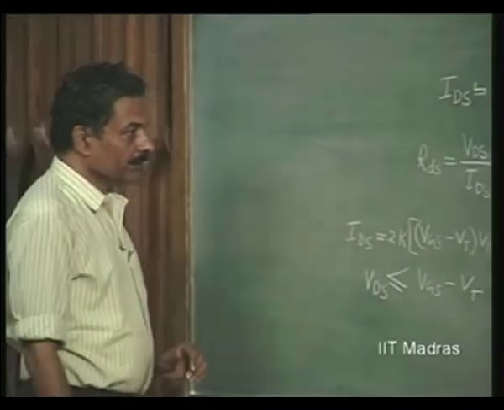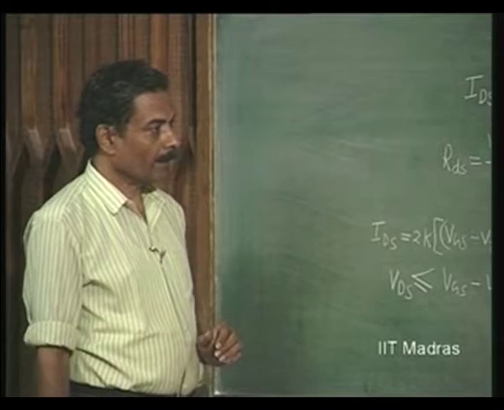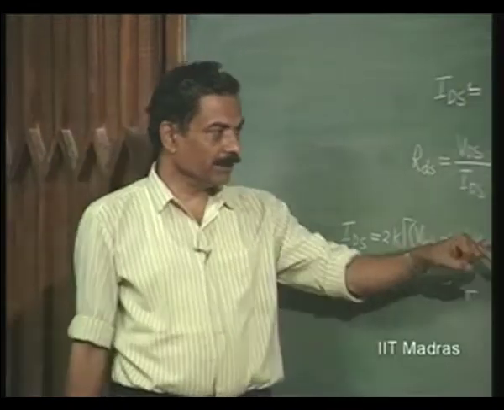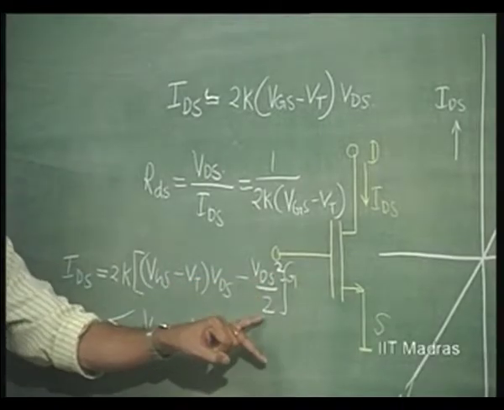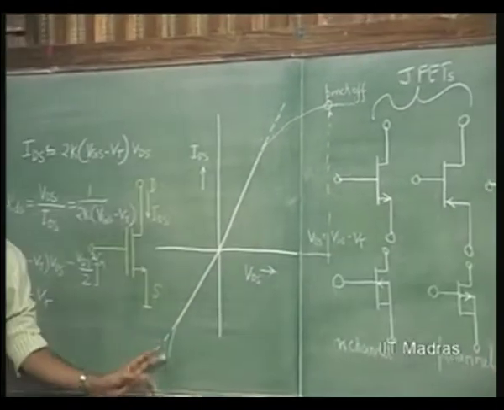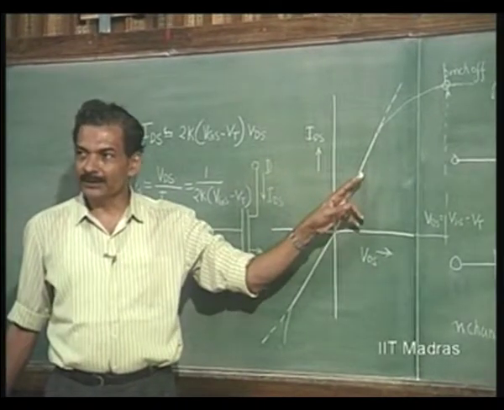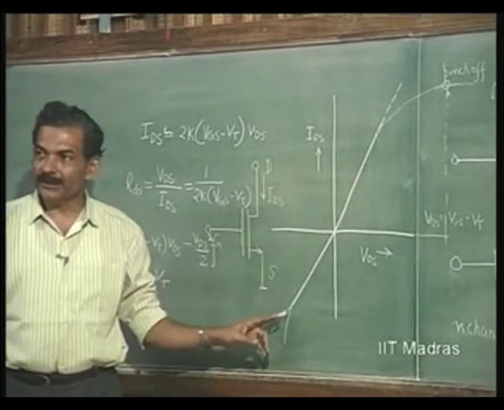So, this can be done using a circuit. What is responsible here is this VDS squared by 2. This is getting subtracted from this and is getting added here, because this VDS is positive here and VDS here is negative.